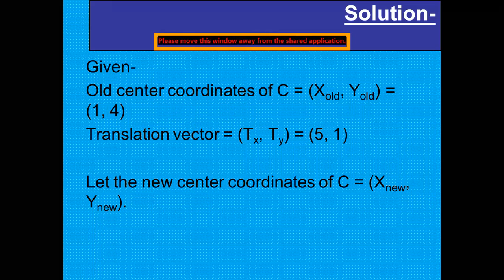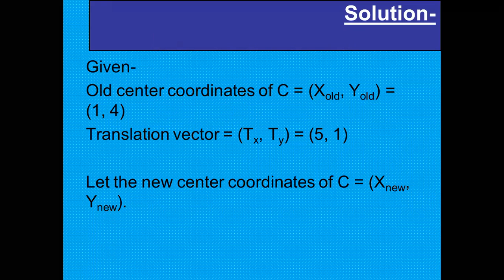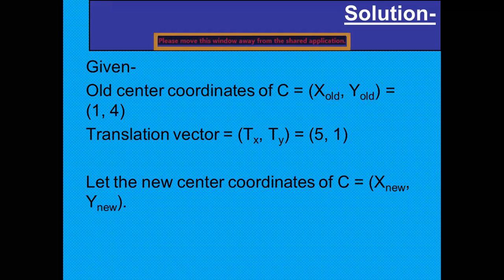Now we can say x dash is equal to x plus Tx, or we can represent it as x new is equal to x old plus Tx. How will we calculate the new coordinates? The equations for the translation transformation are x new is equal to x old plus Tx.